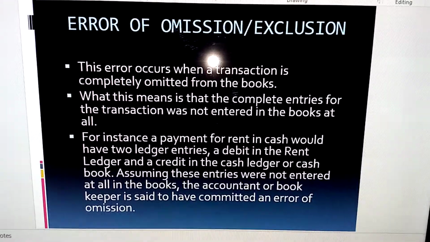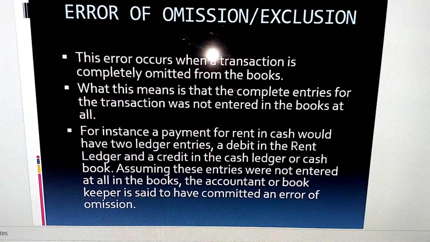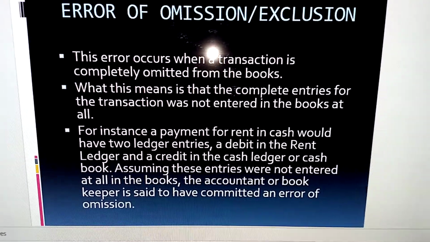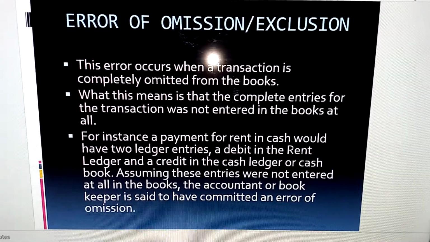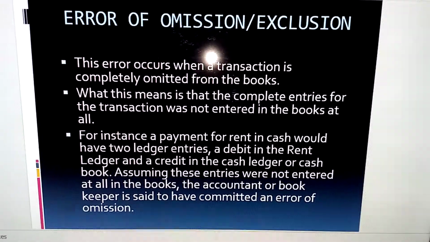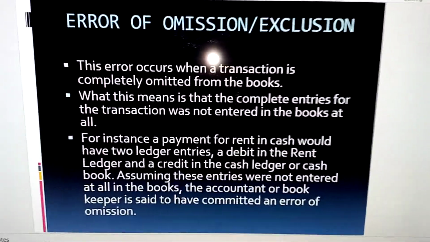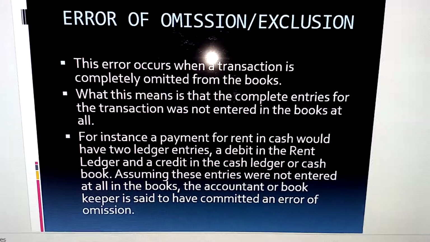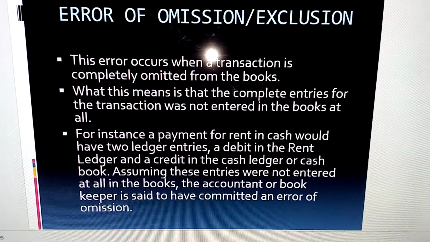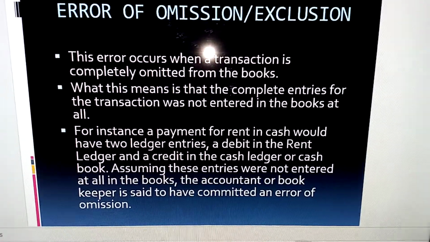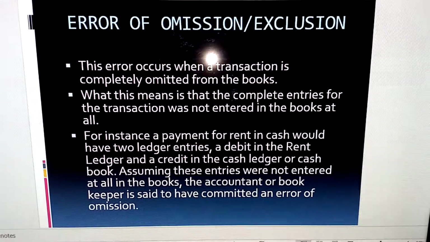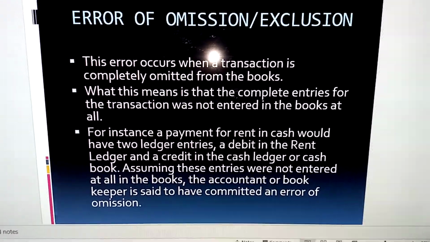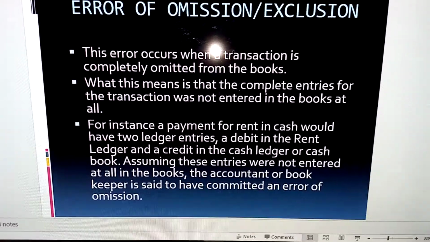What I'm trying to say is, anytime a transaction is not recorded at all, the bookkeeper or the accountant has committed an error of omission. For instance, rent paid in cash has two ledgers, rent account and cash account.